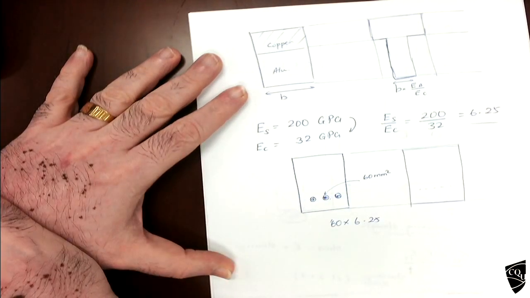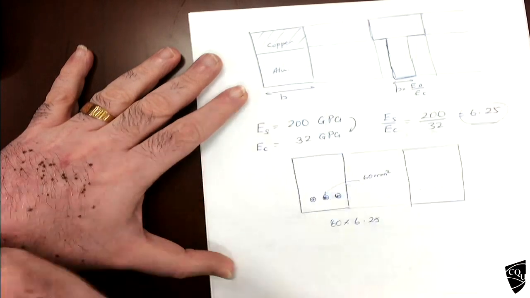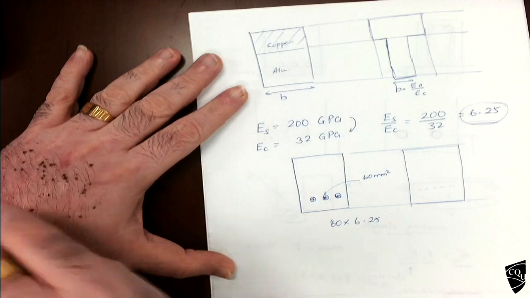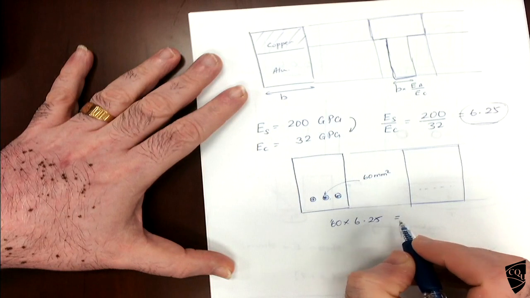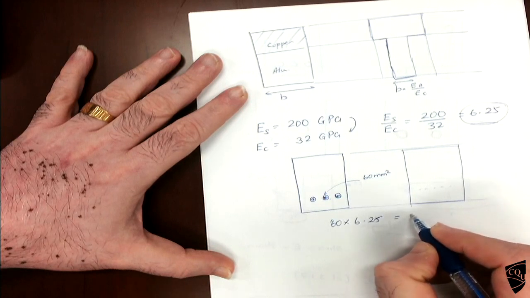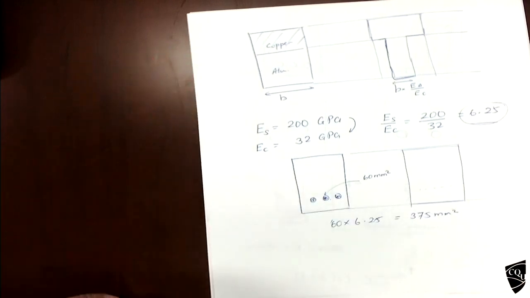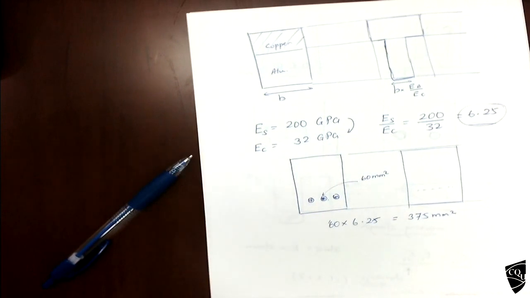I need this much addition because steel has a larger E value. That gives 375 square millimeter of concrete to replace the steel, the equivalent.